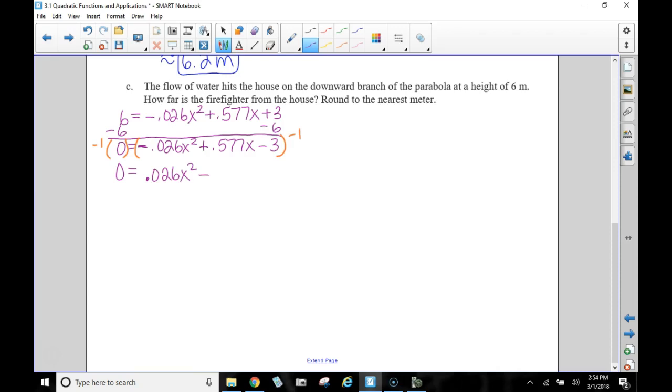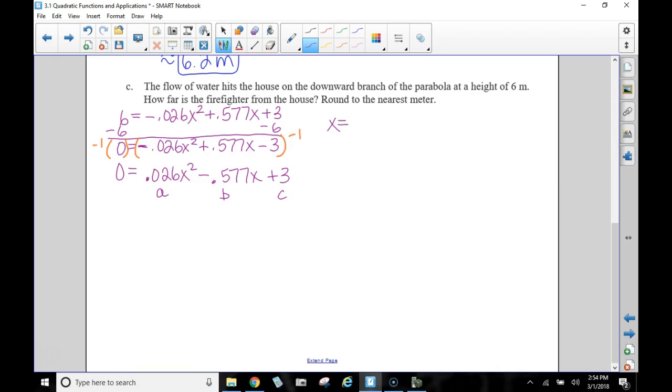Then I've got minus 0.577x, and now I've got plus 3. I like that a little bit better. So I'll have a positive A, there's my B, there's my C, when I go to solve my quadratic formula.